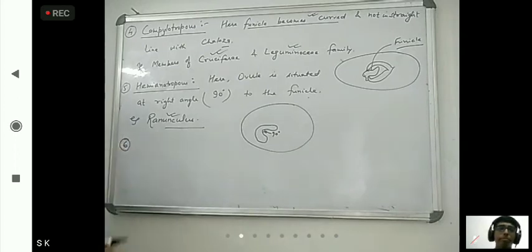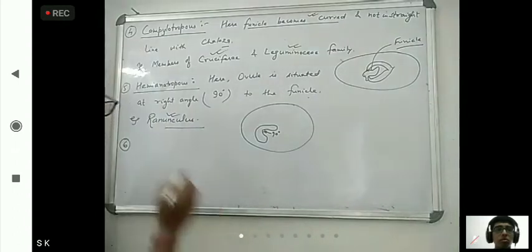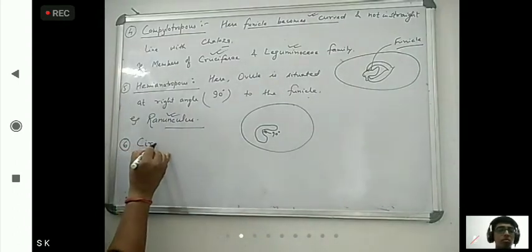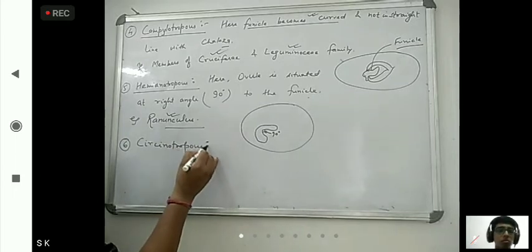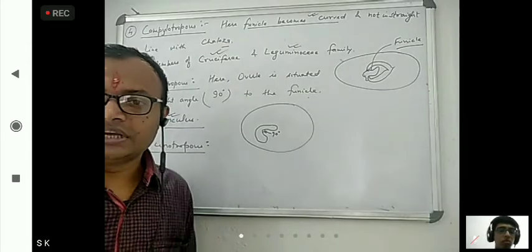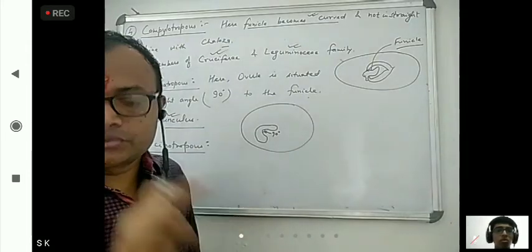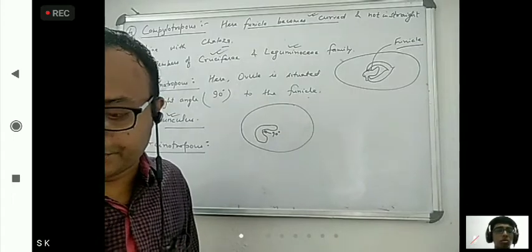Last one is known as Cercinotropus. Okay, Cercinotropus. Here what happens? Complete roundup. So that angle is 360 degrees. So in Cercinotropus, what happens?